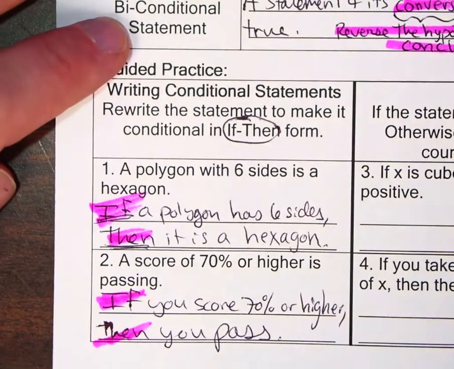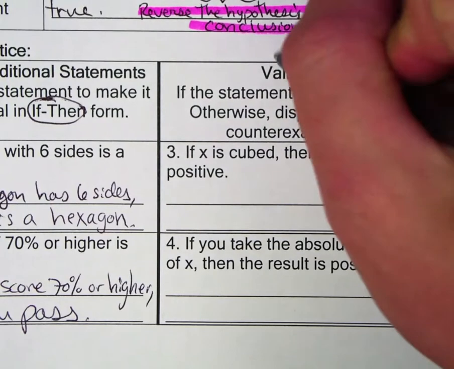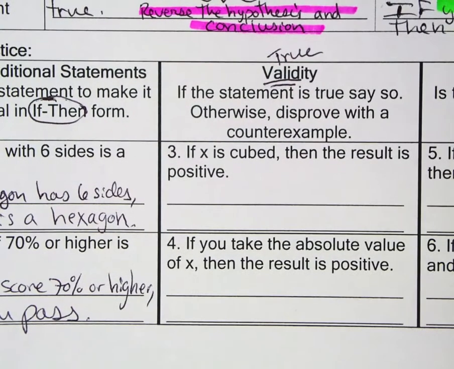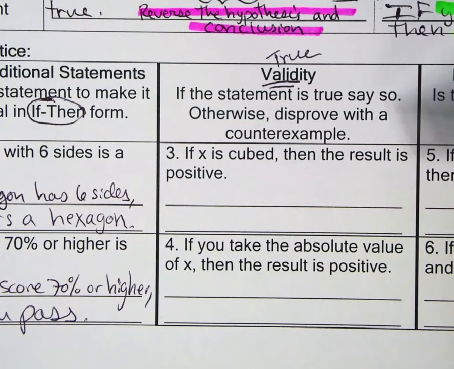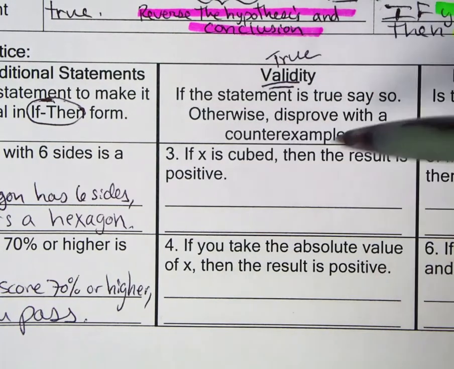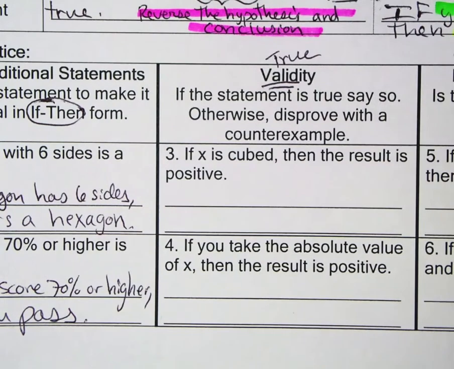Okay, that makes sense. So that's taking the time to write things in an if-then format. Let's take a look at this next step. Validity. Validity, if we annotate, means truth. You can see the word valid inside. So if the statement is true, say so. Otherwise, disprove with a counterexample. So let's check the validity of each. If x is cubed, then the result is positive. Well, I need one counterexample.